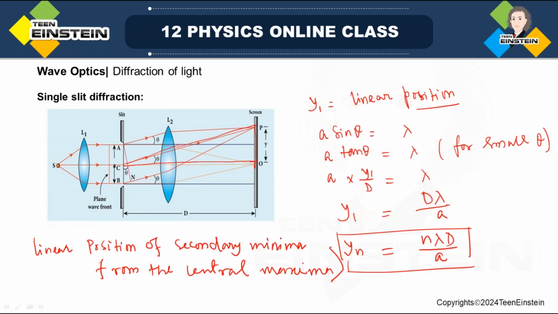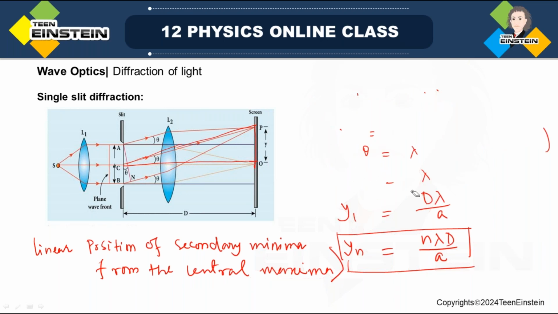So what will be the angular position? The angular position will be theta, right? This theta you have to find out. See, from here itself we can find the angular position. If theta is small, then we can write this a sin theta.